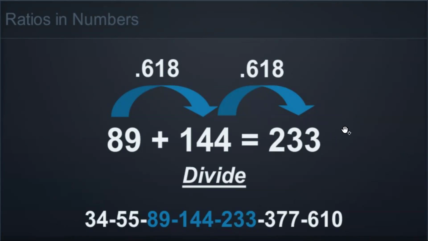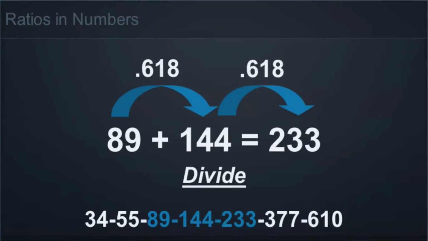Try it now. As the numbers progress, you get the relationship. So you try all of them, and you see that almost everything will give you 0.618. Now let's jump.